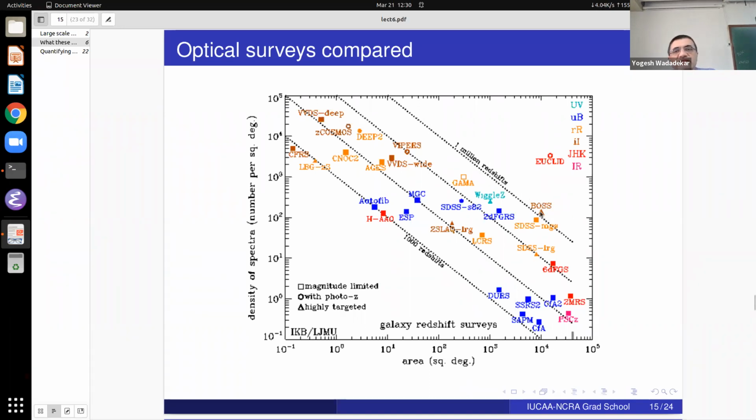Then there are various others, the SDSS Luminous Red Galaxy survey, SDSS Stripe 82, and so on. And the 2dF Galaxy Redshift Survey sits here. And as you can see, over the years people have been trying to move from this corner of the diagram to that corner of the diagram, trying to do large area surveys with a very high density of spectra.